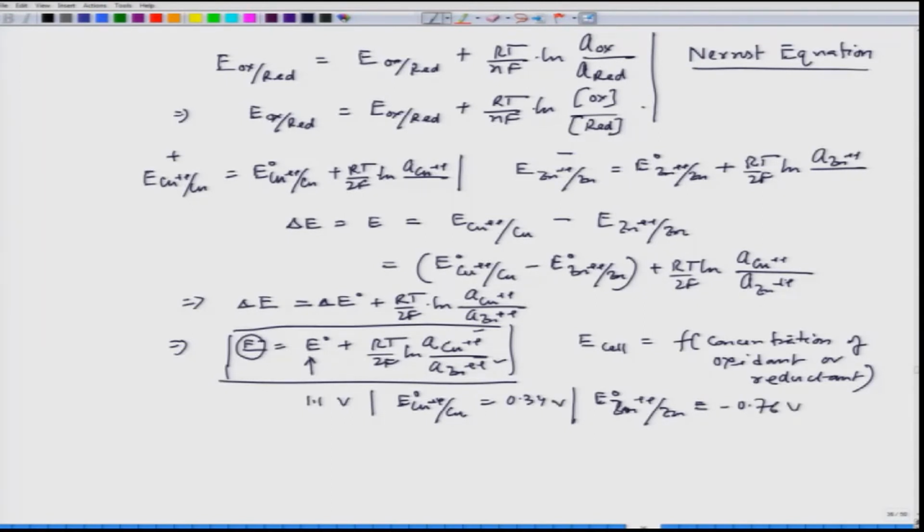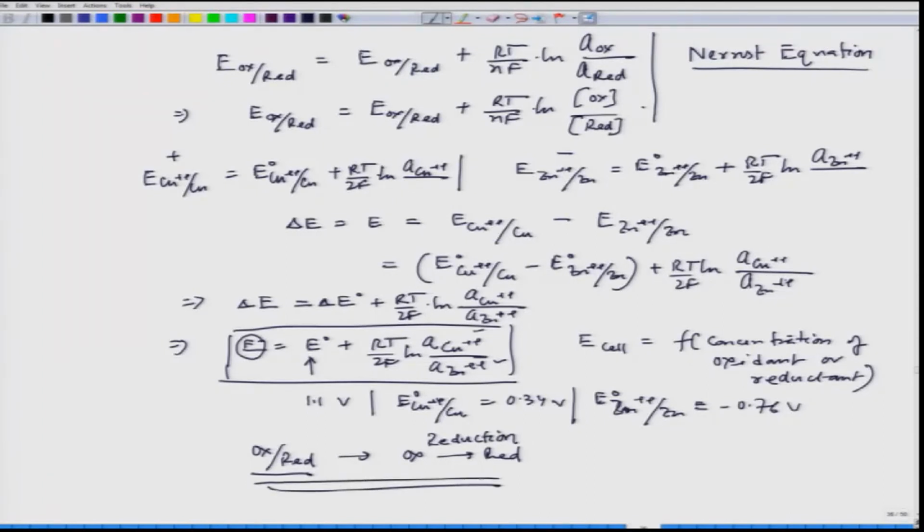As we have already mentioned, we would all the time talk about the reduction process, and these entire relations are on the basis of reduction, because whenever I am writing ox/red, it means ox is going to red, that is, we are having reduction.